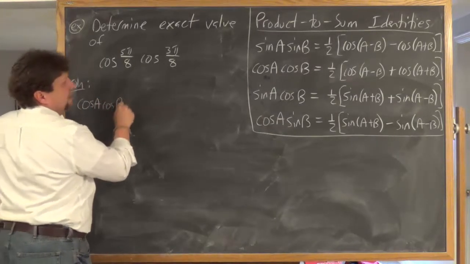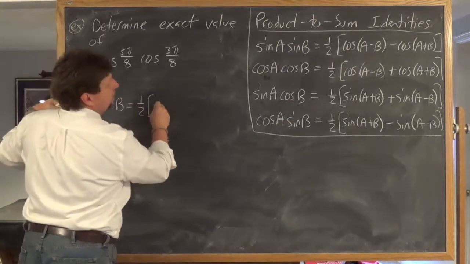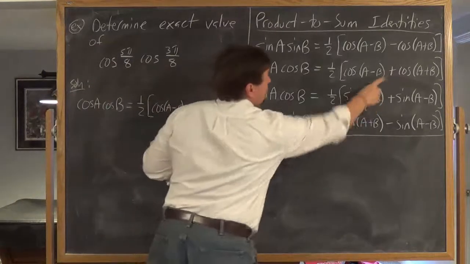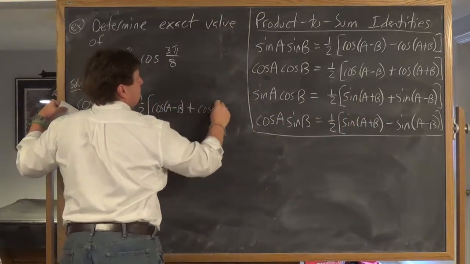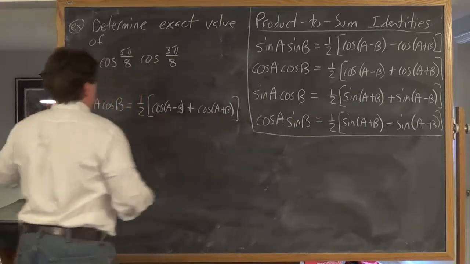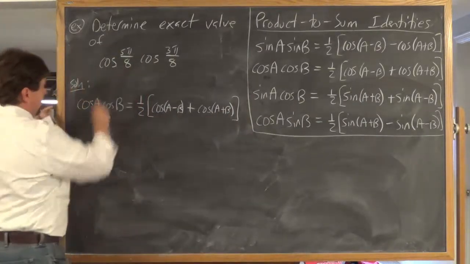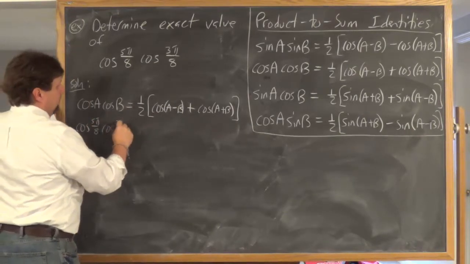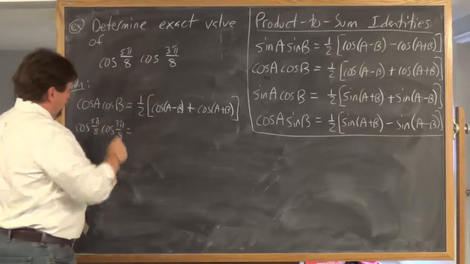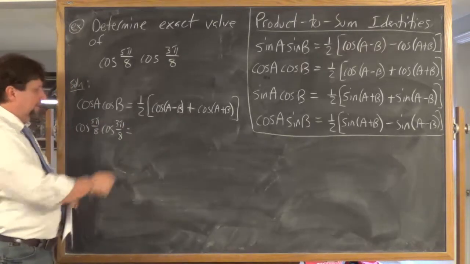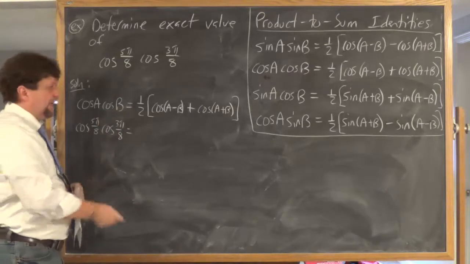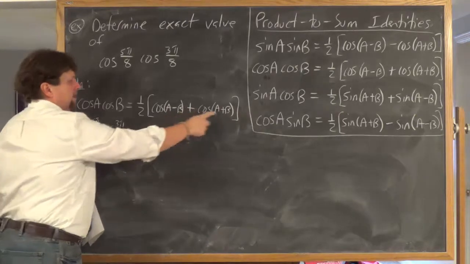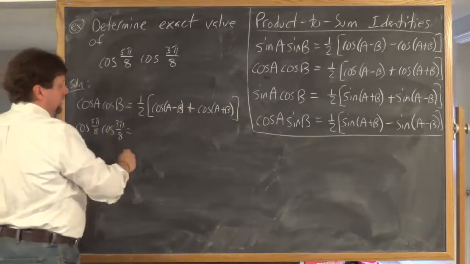Cosine A times cosine B equals 1/2 cosine A minus B plus cosine A plus B. If I write this down here below it, cosine 5 pi over 8 times cosine 3 pi over 8, it looks like 5 pi over 8 is in place of A, and 3 pi over 8 is in place of B. So wherever I see an A, I'll put 5 pi over 8, and wherever I see a B, I'll put 3 pi over 8.